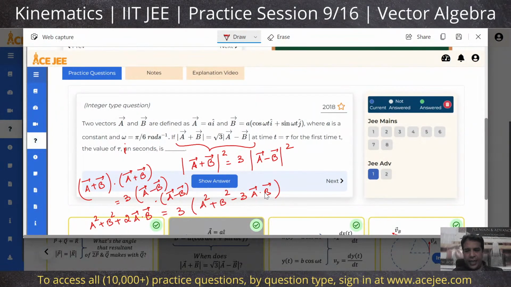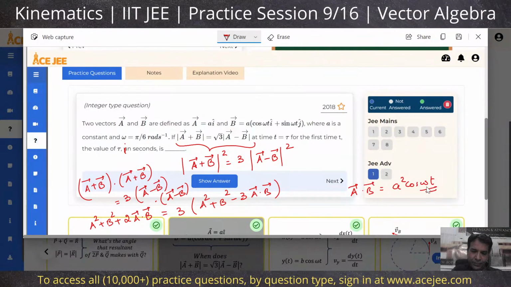Now, instead of saying a dot b is ab cosine of the angle between the two vectors, you are given those vectors in the unit vector notation, so we don't need to write them in a, b, cos theta format, right? You can simply find out a dot b, which is nothing but a square cos omega t.